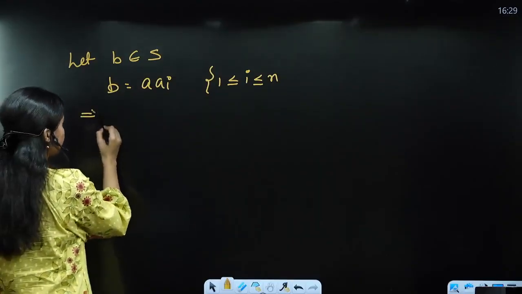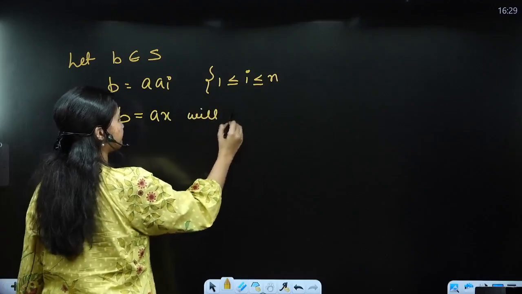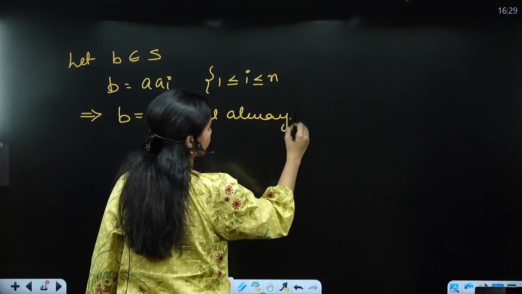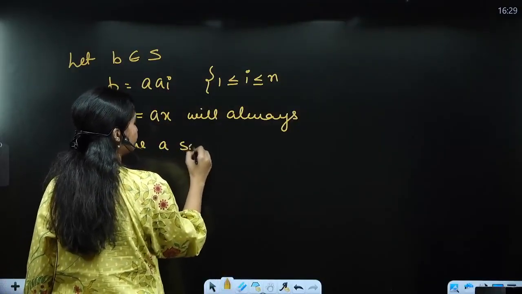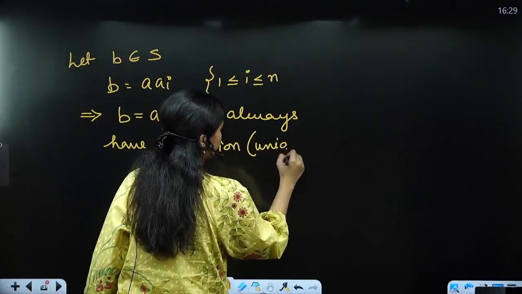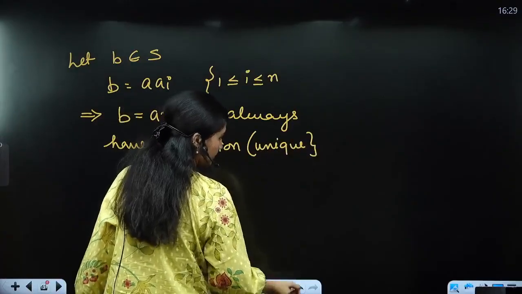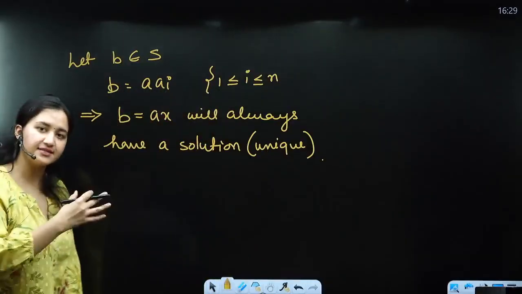This implies that b equals ax will always have a solution, and that solution is also going to be unique, right? Why? Because all the elements of S are unique, so all a_i are going to be unique.